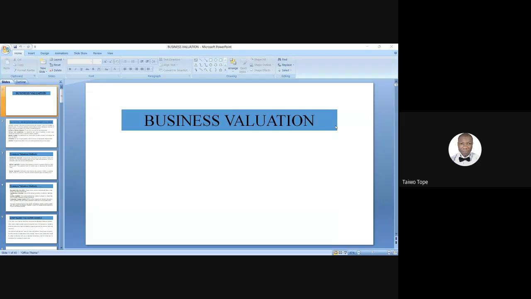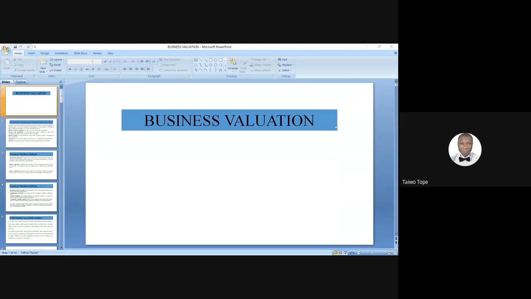Because if you don't know what you have, you can be charged unduly, unnecessarily. There can be an excess burden of tax on you. So you need to know the worth of what you have and the actual value of tax that should be levied on you.